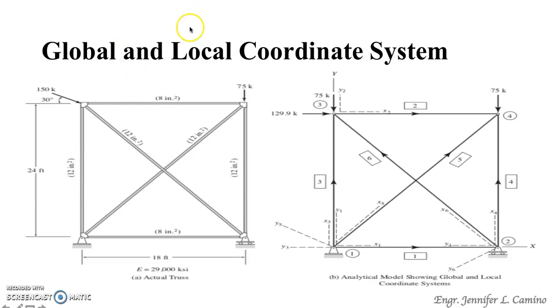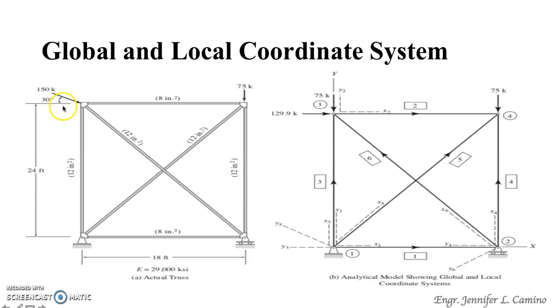So for example, this is your actual truss. Of course, this actual truss is subjected to an external load. So there is an external load acting on the plane truss. You have 150 kips.